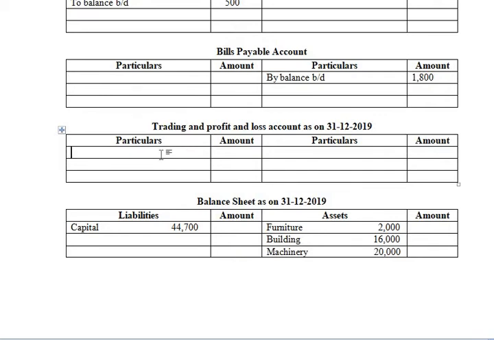To opening stock. Okay, I'll take it in the inner column. To opening stock. And what is the amount? 15,000.